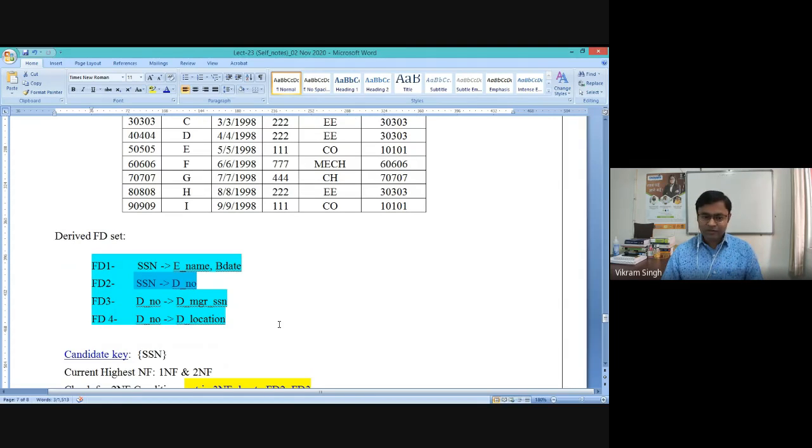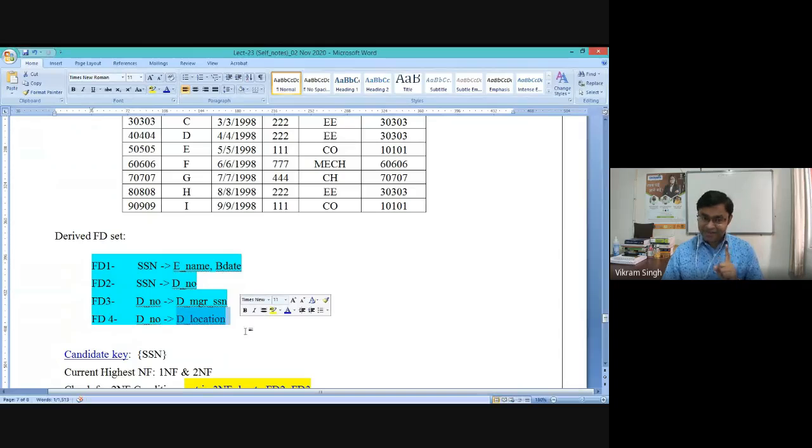Now look at it carefully. If you see FD3 and FD4, FD3 says D number determines DMGRSSN, and FD4 says D number determines D location.